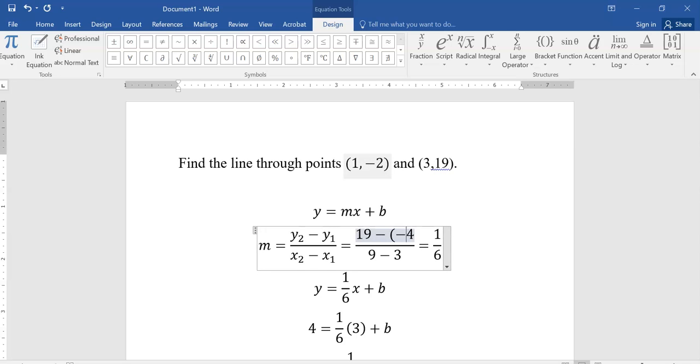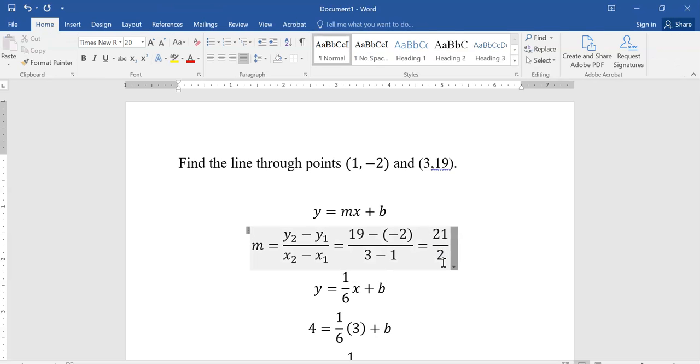You're subtracting a -2, so don't forget we are dealing with subtracting a negative. Okay? So 19 minus -2 gives me 21 in the numerator. And then obviously the x values, 3 minus 1, give me a 2 in the denominator.